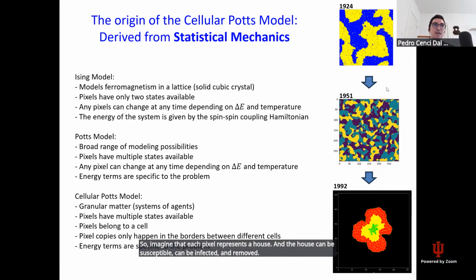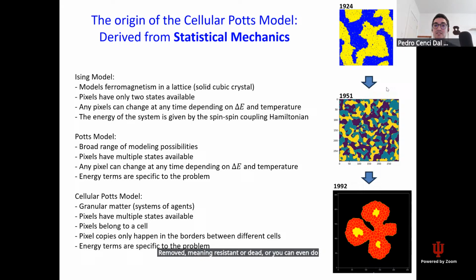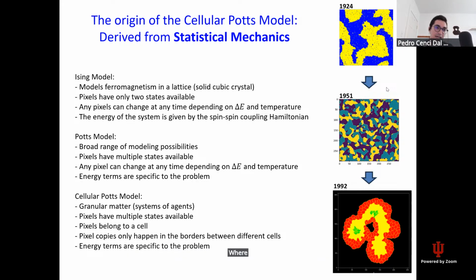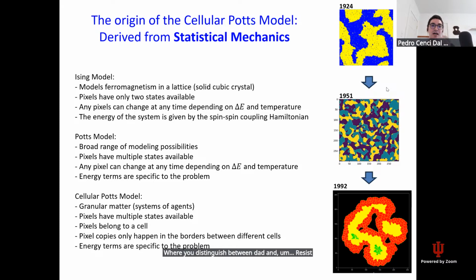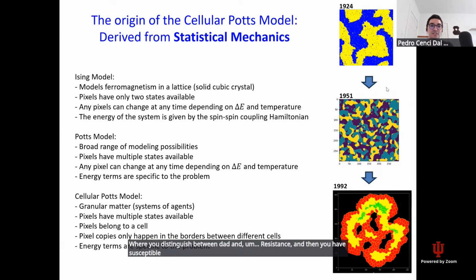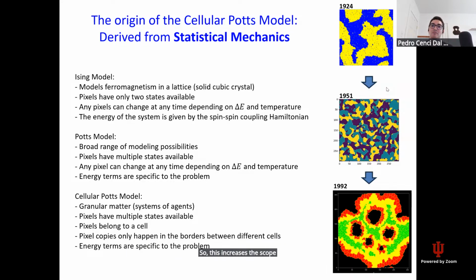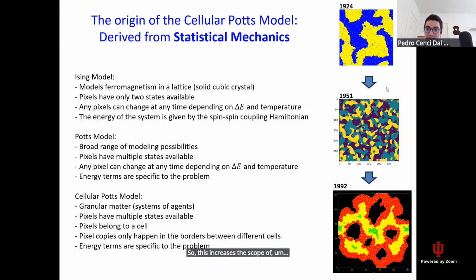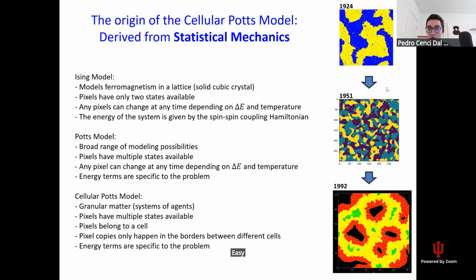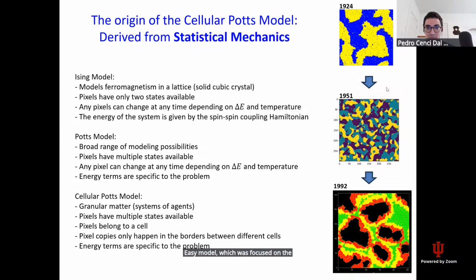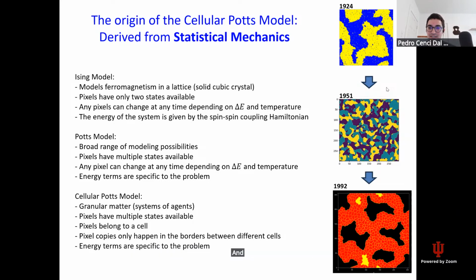Removed meaning resistant or dead, or you can even do a four-state system where you distinguish between dead and resistant, and then you have susceptible, infected, resistant, and dead. So this increases the scope of modeling capabilities of the previous Ising model, which was focused on the two-state system of a ferromagnet.